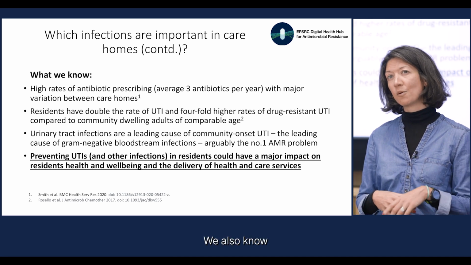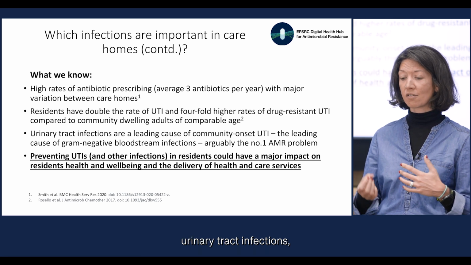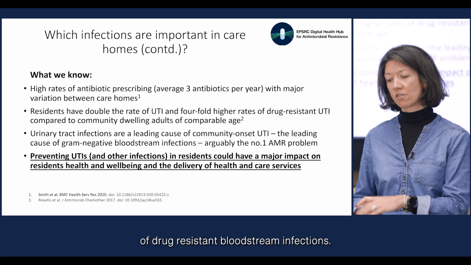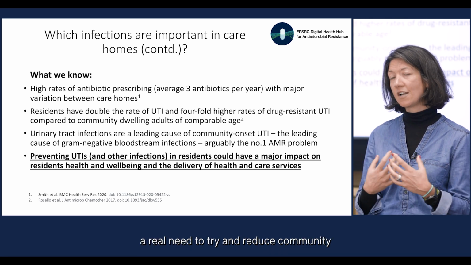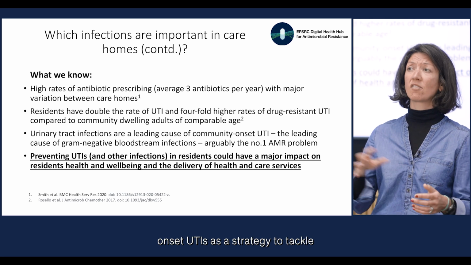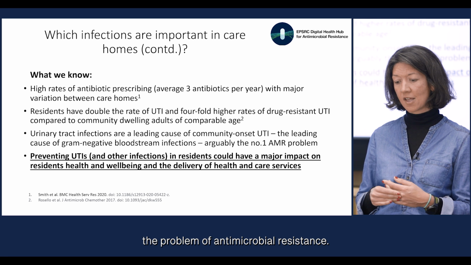We also know that one of the most common infections in care homes, urinary tract infections, is the leading cause of drug-resistant bloodstream infections. And so there's a real need to try and reduce community onset UTIs as a strategy to tackle the problem of antimicrobial resistance.